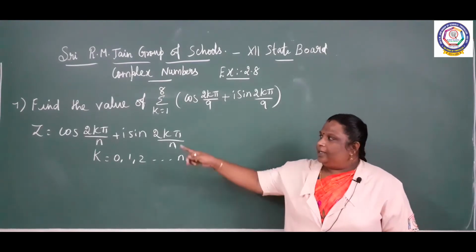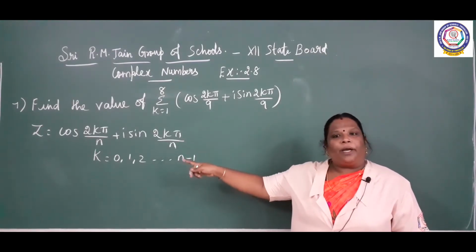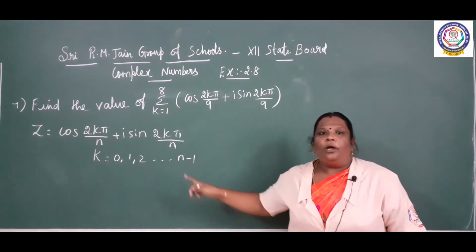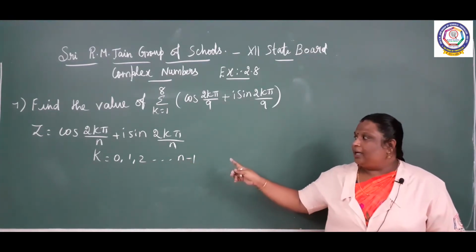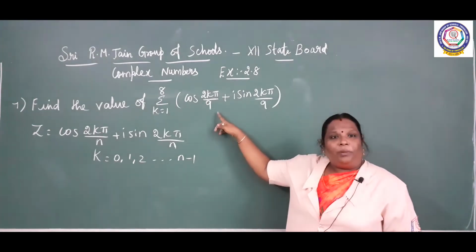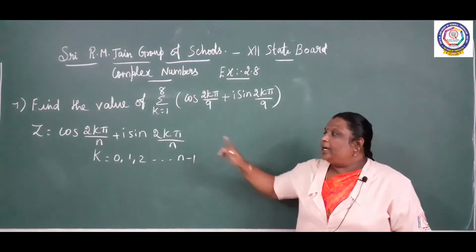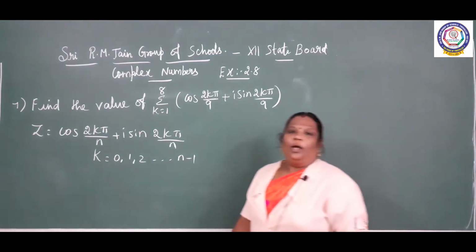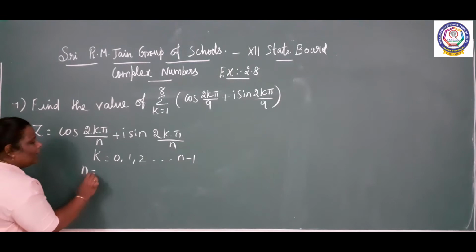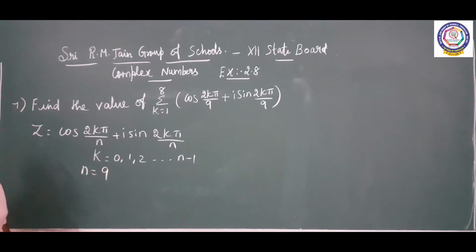See here, z equal to cos of 2k pi by n plus i sin of 2k pi by n. K can take the values 0, 1, 2, etc. up to n minus 1. See what is the value here in the denominator. The denominator value is 9, so you can take n equal to 9.